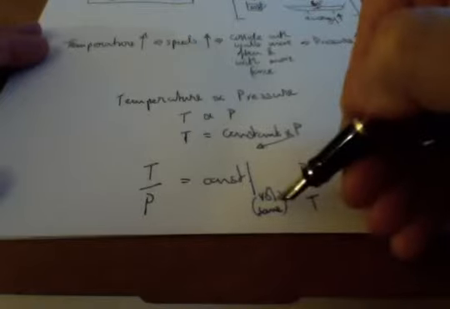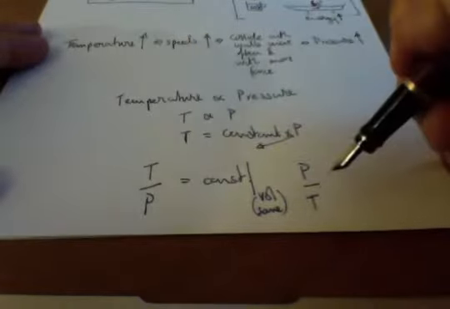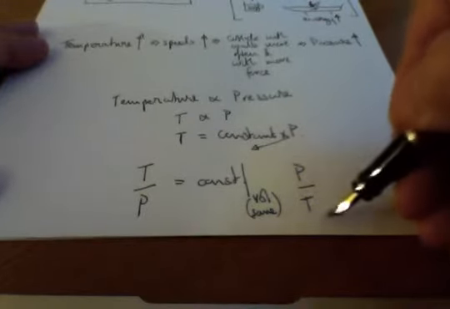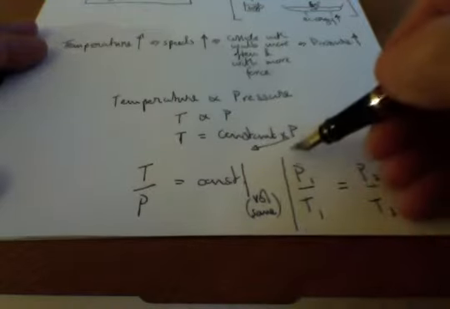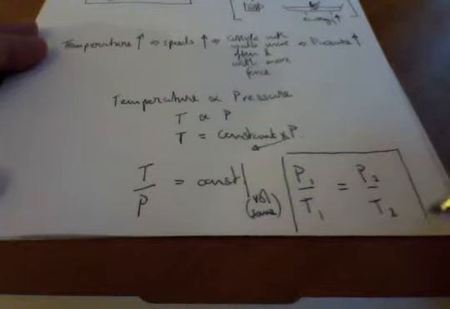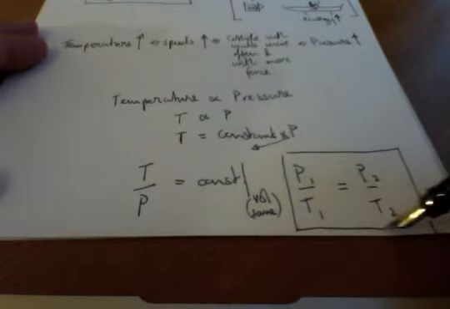But so long as the volume is the same, this remains constant. So before is going to equal a constant, and also afterwards is going to equal a constant. So if this is all before and that's after, this is the relationship that explains the pressure law.